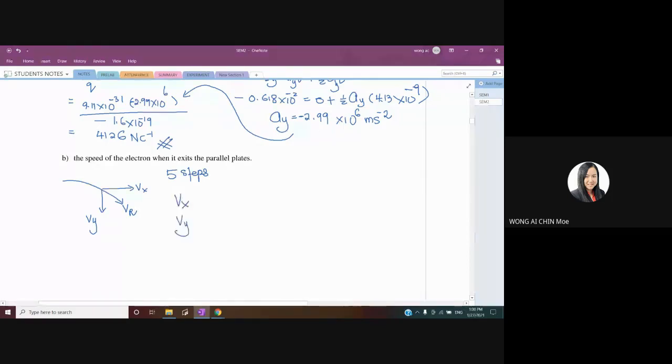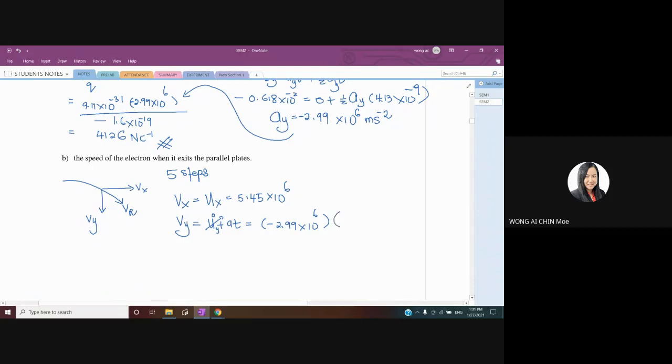Vx is equals to Ux, where your Ux is equals to 5.45 times 10 to the power of 6. And then your Vy is equals to Uy plus Ay t. Since Uy is equals to 0, it's equals to Ayt. And your A is negative 2.99 times 10 to the power of 6.